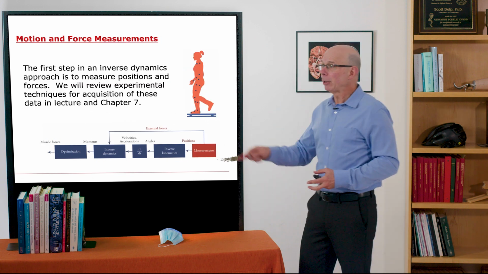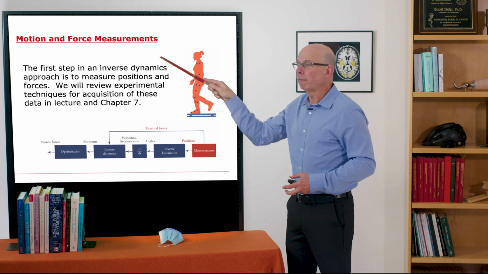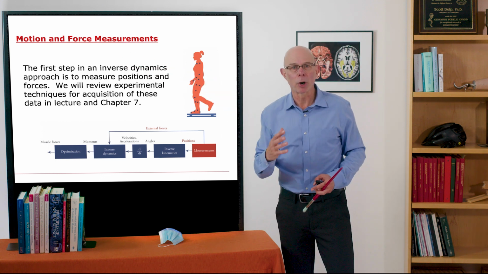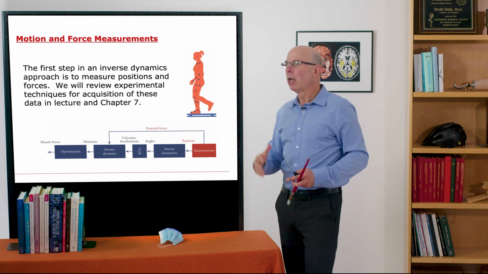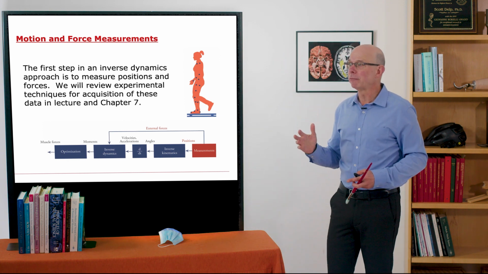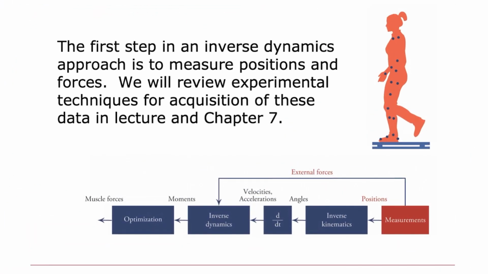Experimental methods for measuring motion and forces are an essential part of this. This is a very common problem, and this first step in inverse dynamics is called inverse kinematics. So here we make measurements of motion of body segments, and from those measurements we figure out what the positions are of these body segments and what the joint angles are.